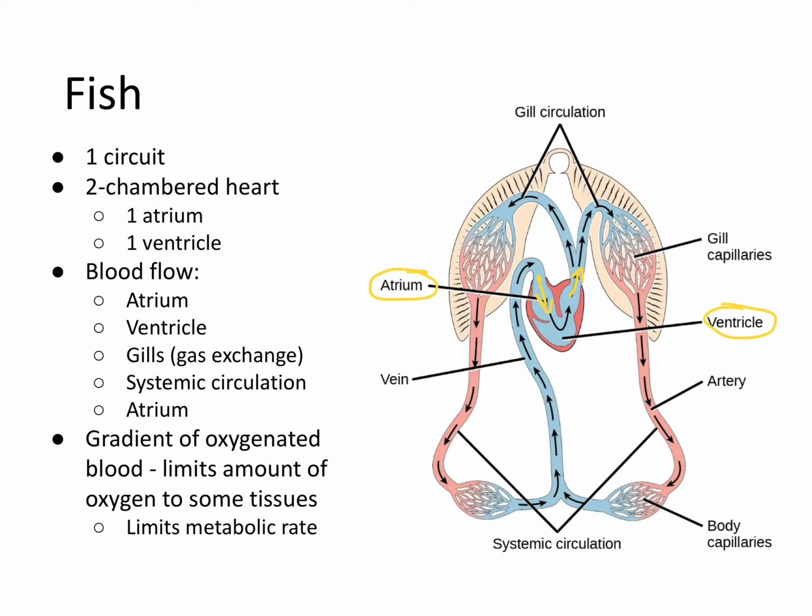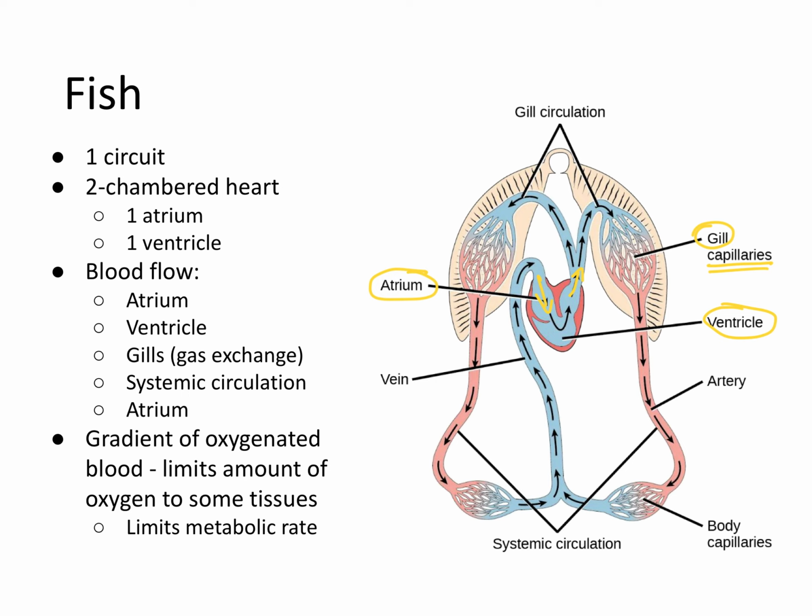The atrium is receiving the blood from other areas, and the ventricle is sending the blood back out to other tissues. So the blood comes into the atrium and then out through the ventricle. It then goes to the gills, which have a significant number of capillaries.